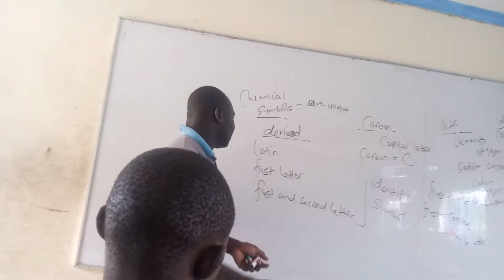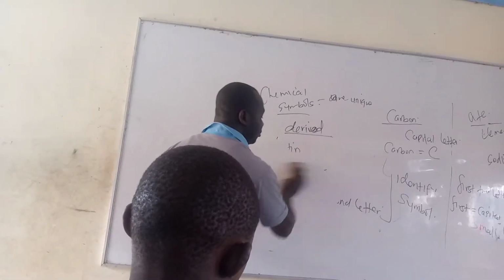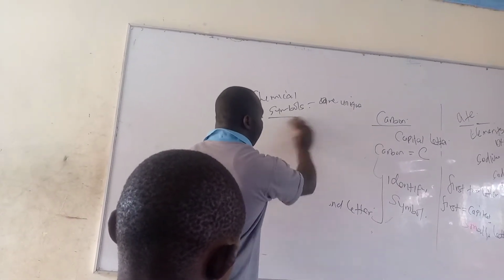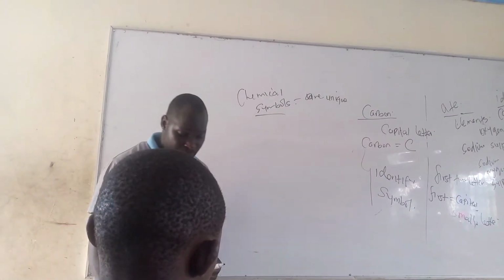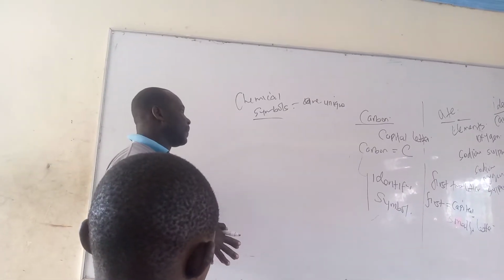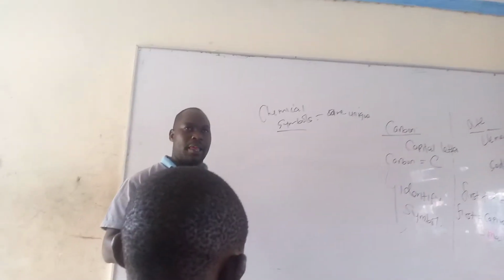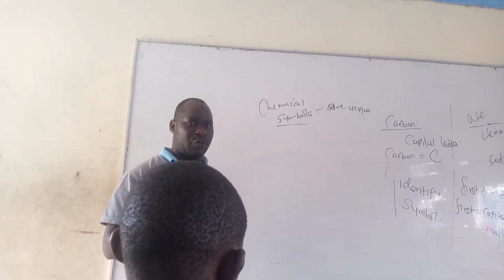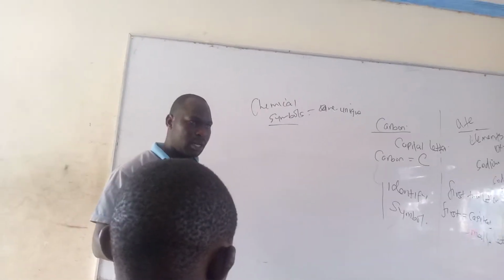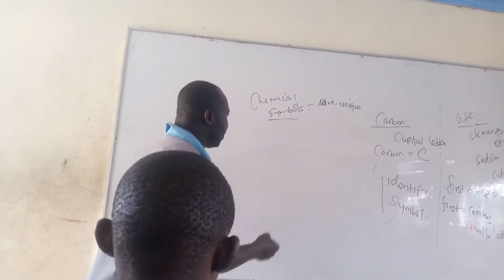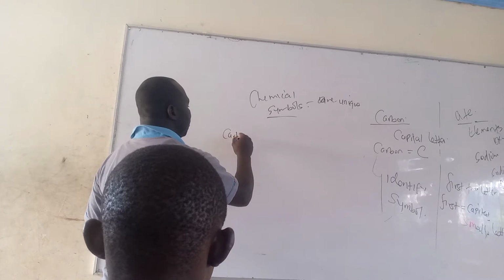For instance, let me look at elements that we derive from the first letter. We have just given an example of carbon.